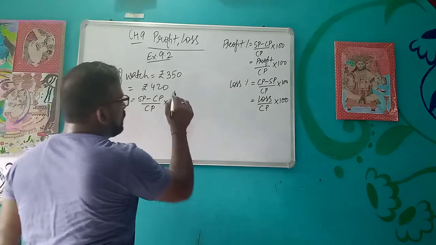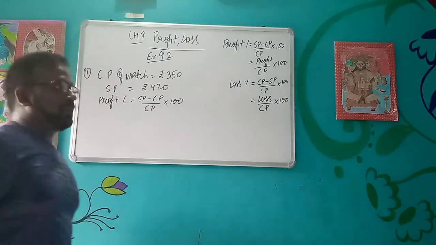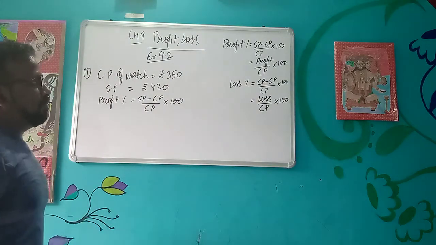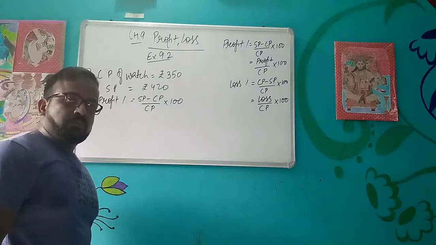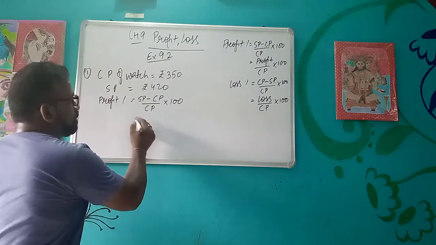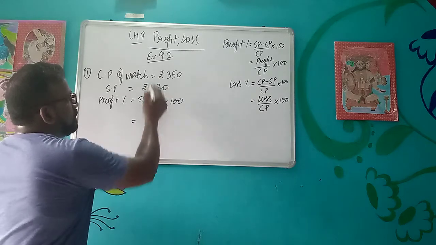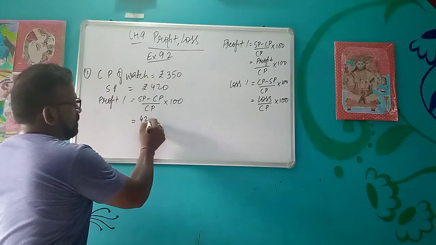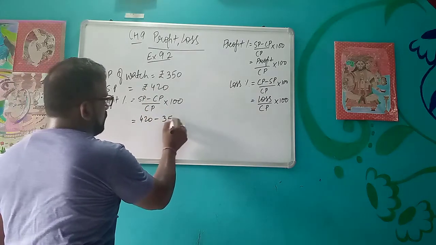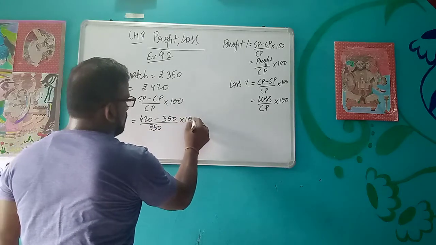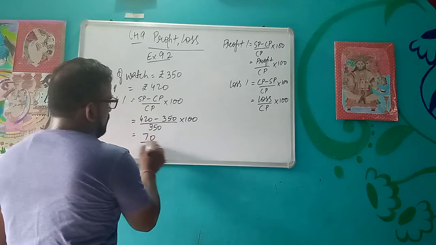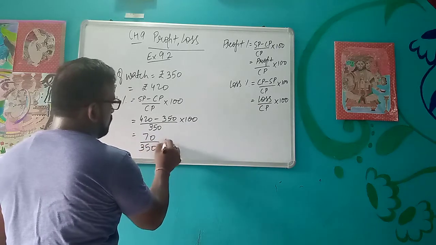You need to memorize the formulas, or if you have understood them you can assume or write by yourself when you have to use profit and when you have to write loss. So this SP is 420 minus 350 upon 350 into 100, or you will get 70 upon 350 into 100.